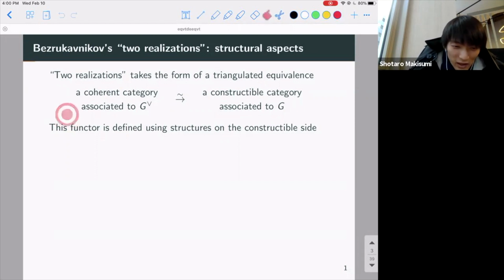So let me say for the benefit of everyone else what Ivan's saying here. This category on the left is something like G-check equivariant coherent sheaves on the Steinberg. Instead of directly producing a functor like this, that would be defining the structure of a category over the Steinberg on this category.